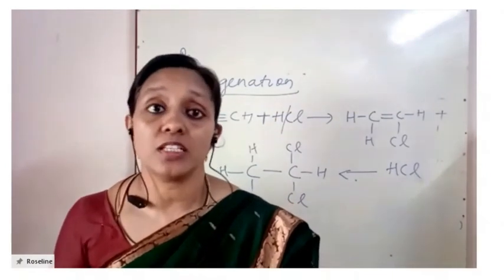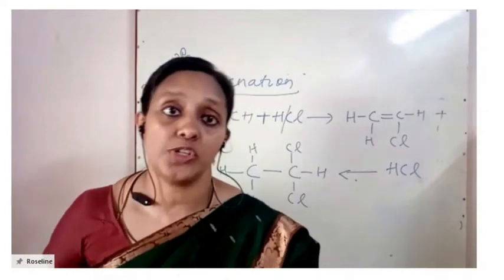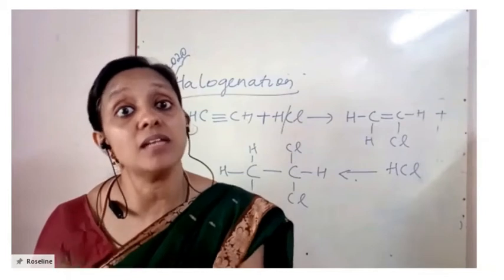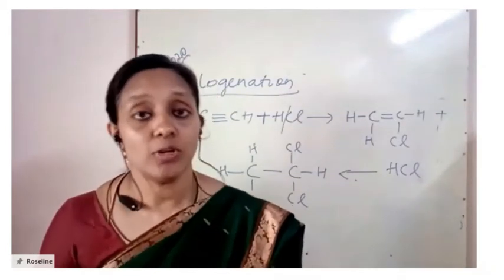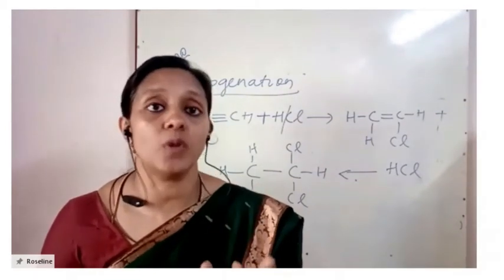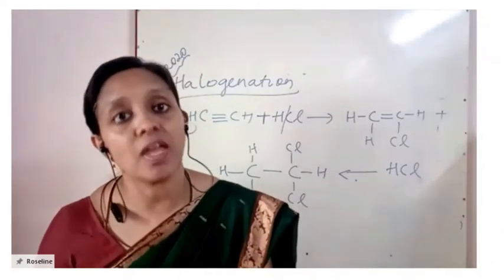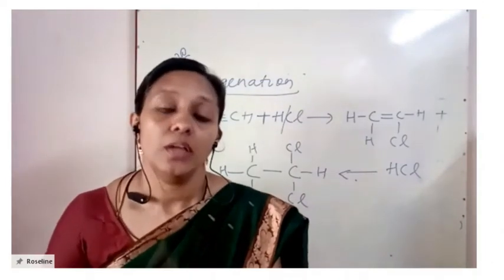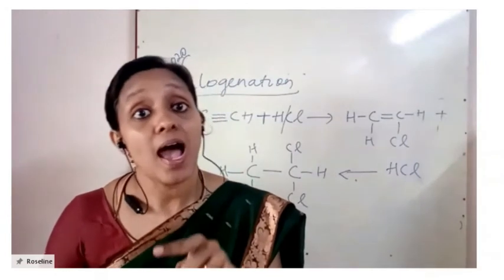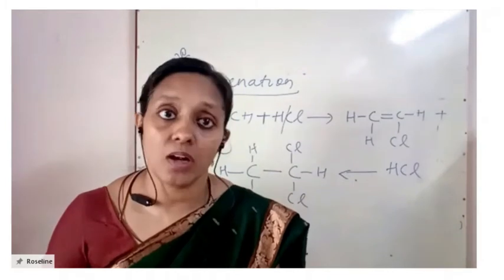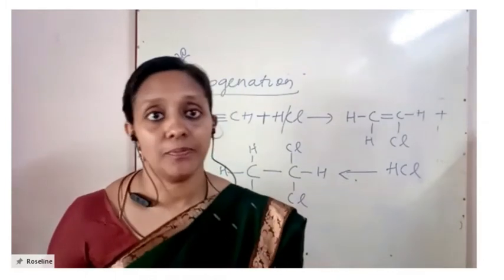But in case they are asking you how to distinguish alkenes and alkynes using the same chemical reagent, actually both show the same observation, meaning the reddish brown color fades. But in case they are asking how to distinguish, you can say that in the case of alkene, the reddish brown color of bromine in carbon tetrachloride fades quickly.